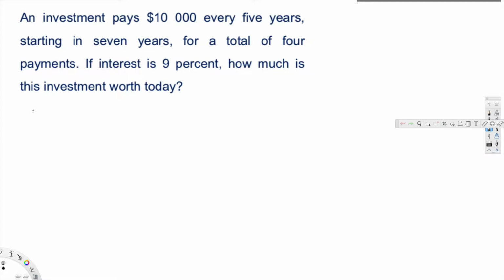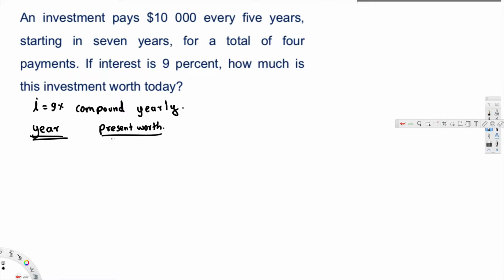Here I is 9%, compounded yearly. Starting from year 7, we find the present worth. At year 7 we have 10,000 times the present factor at 9% for 7 years.